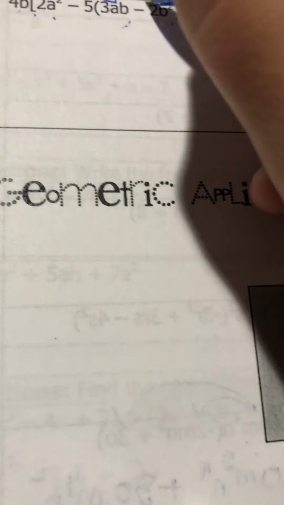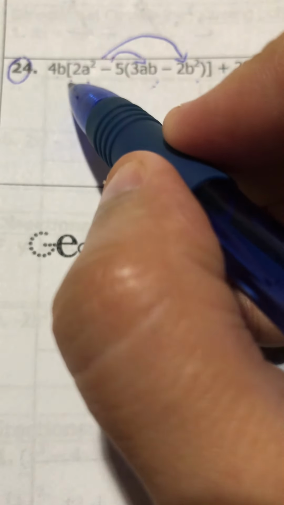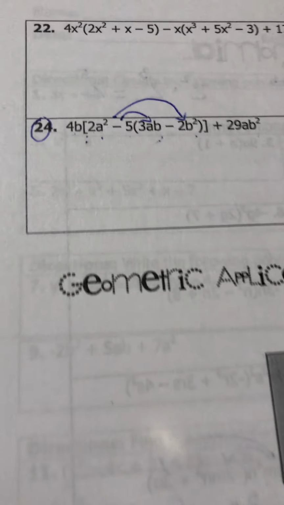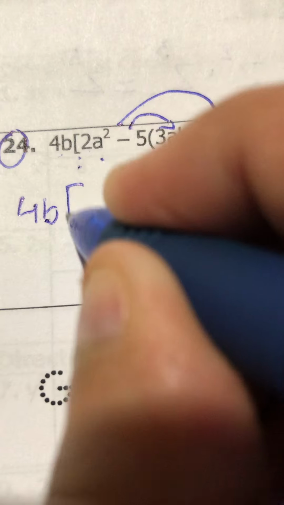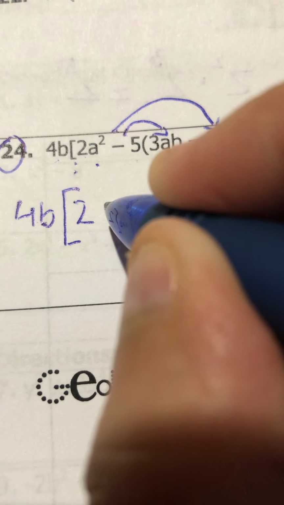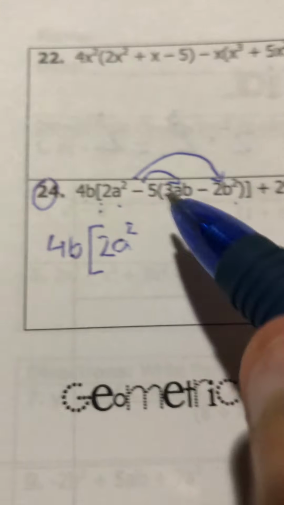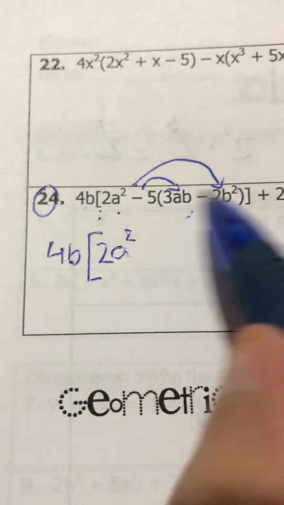Okay, and then we'll distribute this 4b afterwards. So I'm going to copy this 4b as is with this parentheses, square brackets, 2a squared. Get rid of this one which is inside the brackets.